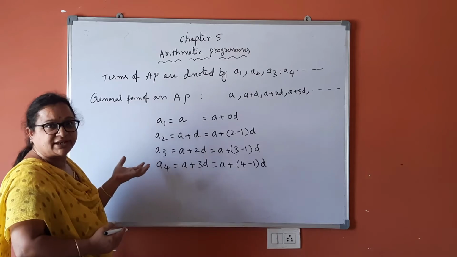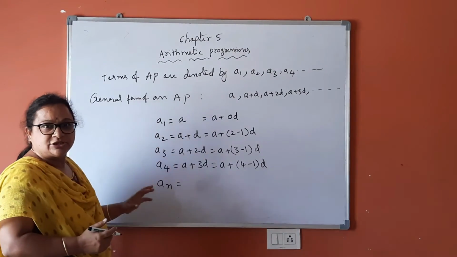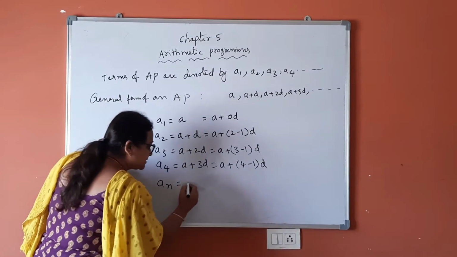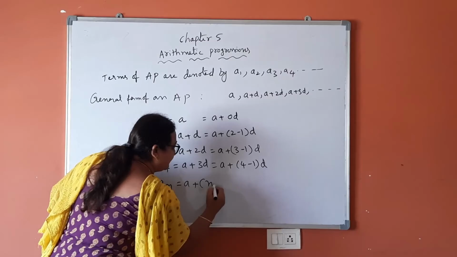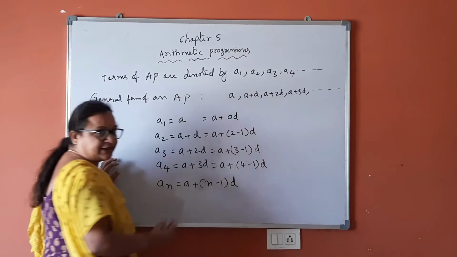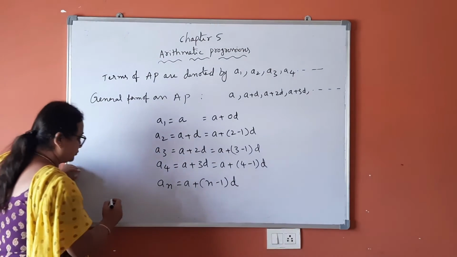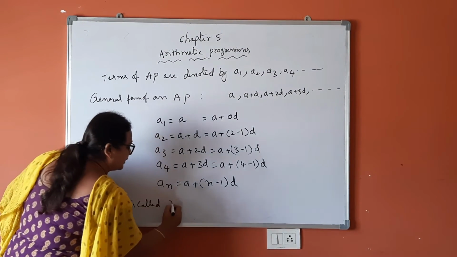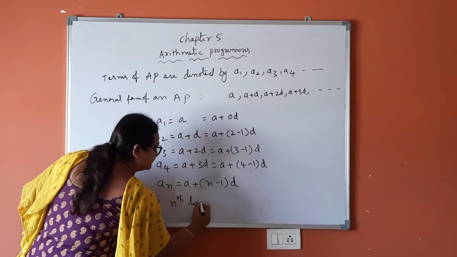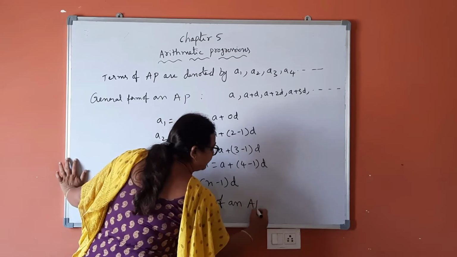By this, can we write an? a plus n minus 1 into d. This is called the nth term of an AP. So, an is called the nth term of an AP.